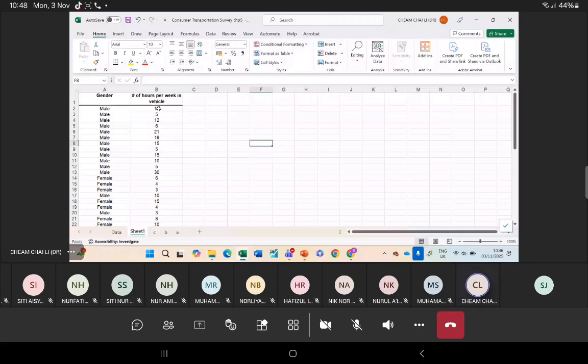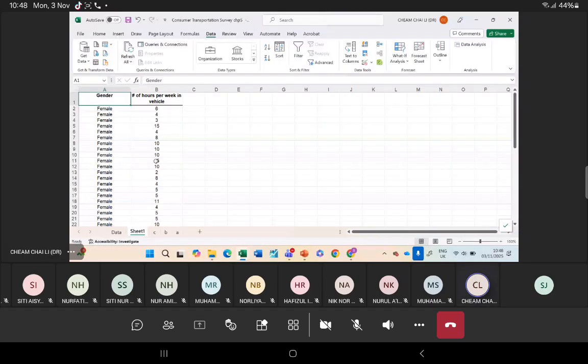So you check, you look at the screen. The number of hours is sorted together with gender. We don't want gender sorted alone. It must be sorted together with the number of hours spent. When I press this button, you see everything is sorted together. If anyone's data still shows 10, 5 and so on, that is not correct, because the two columns must be sorted simultaneously.